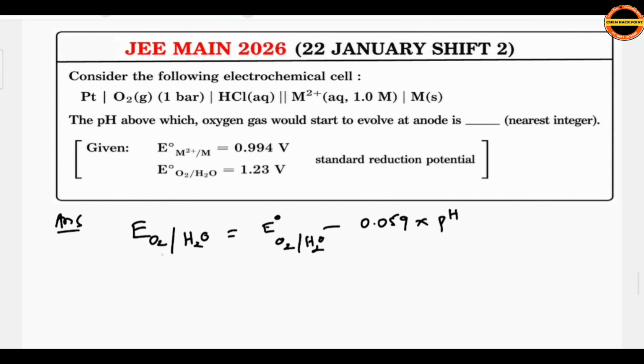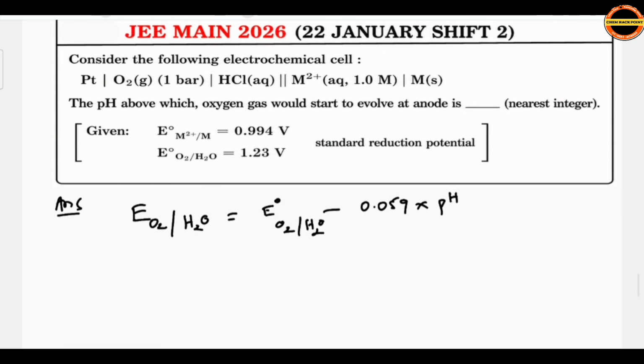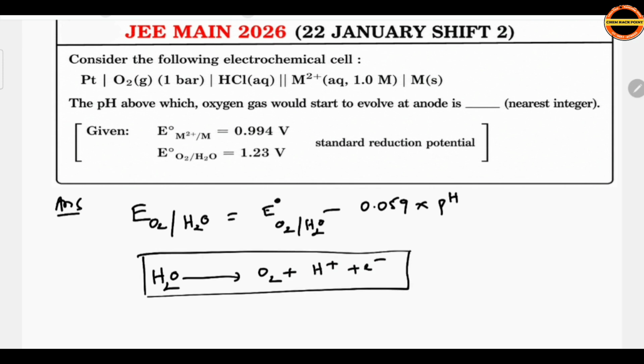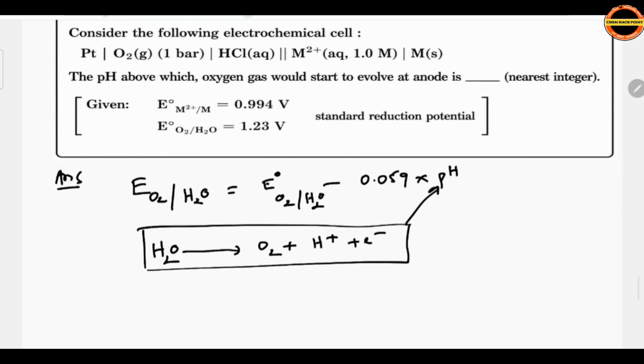In O2 evolution, H plus is produced. The reaction occurs like this, for your reference: H2O giving O2 plus H plus plus electrons. This reaction happened. That's why I directly wrote pH instead of H plus.